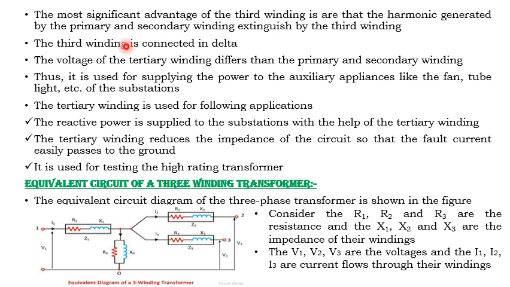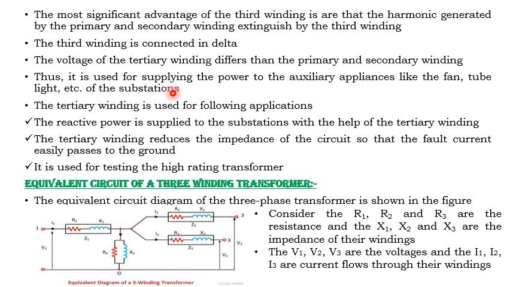Usually you know that the third winding, that is, the tertiary winding, is connected in delta fashion, and the voltage of the tertiary winding differs from that of the primary and the secondary winding. Thus, it is used for supplying power to auxiliary appliances like fans, tube lights, etc. of the substations.